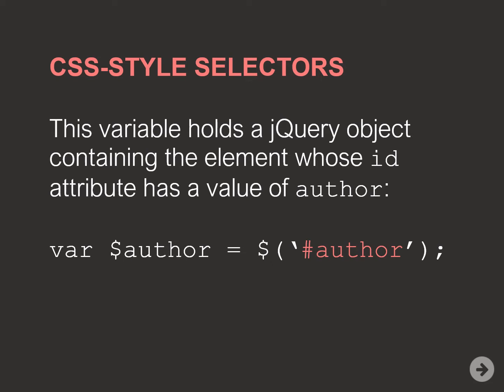So what is the CSS style? That is the red colored one. This pound sign means we want to find the ID, and then author. So it means the ID is author. So we want to find the elements. Of course, here we didn't say it is one element; we may have a list.